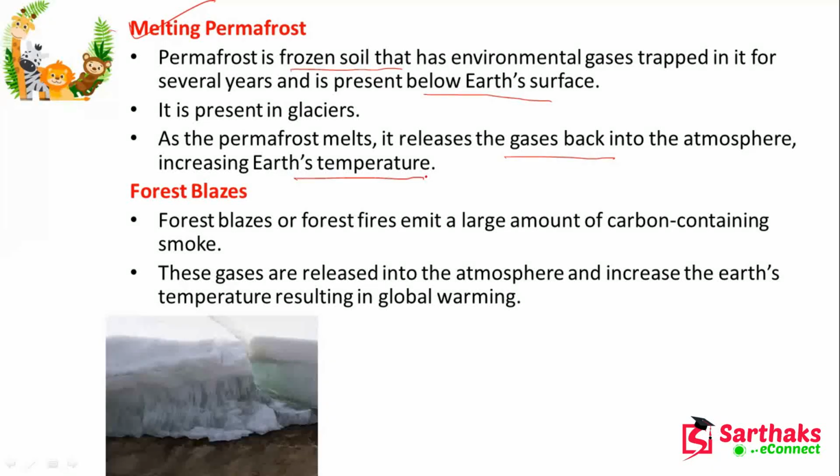So the gases released due to the forest fires go into the atmosphere, and it will increase the Earth's temperature. Okay, so melting permafrost and forest blazes are also reasons for global warming.